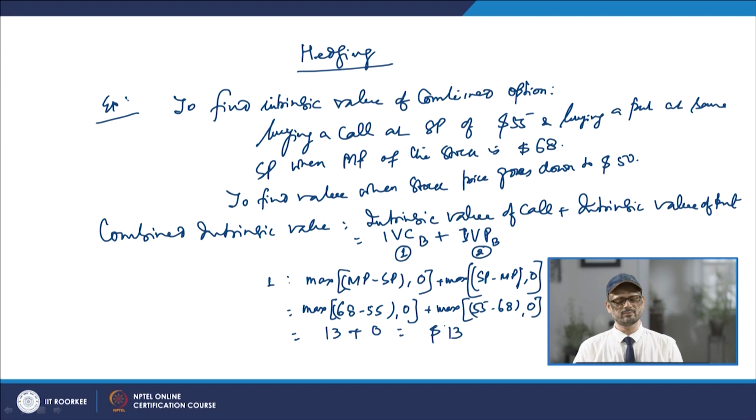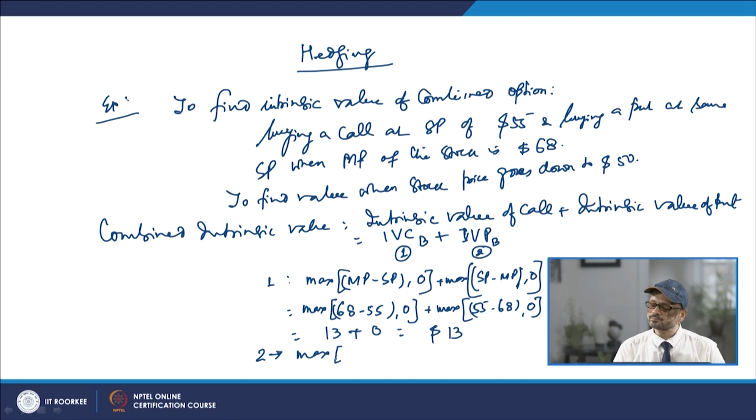So that is your intrinsic value of the call. The intrinsic value of the put will be calculated as the maximum value, and in this case the stock price has gone down to 50. Now it will be 50 minus 55 and 0, plus the maximum of 55 minus 50 and 0.